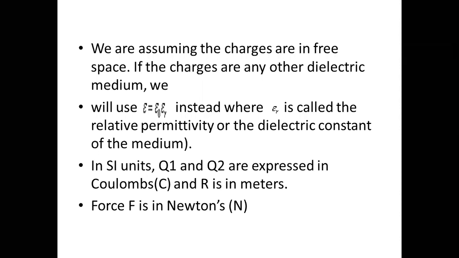If the medium is other than free space, probably a dielectric medium, then you simply write epsilon, which is epsilon 0 into epsilon r, where epsilon 0 is the permittivity of free space and epsilon r is the relative permittivity. Okay, please remember this. It will be required for solving the numericals as we move further.